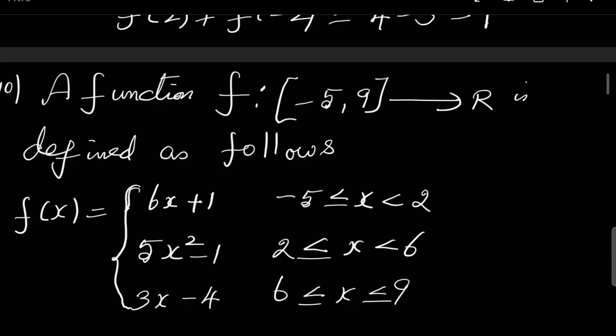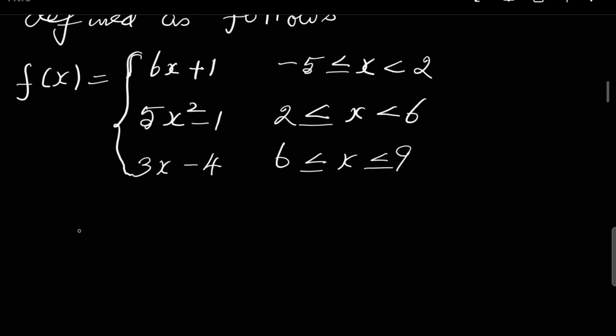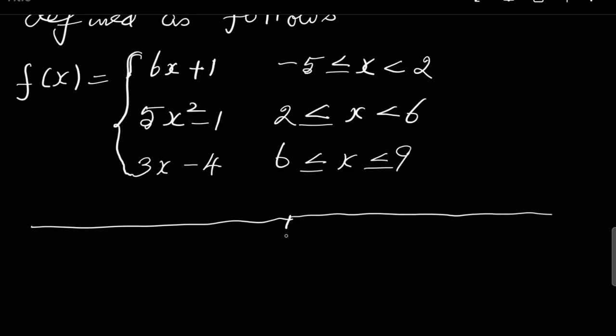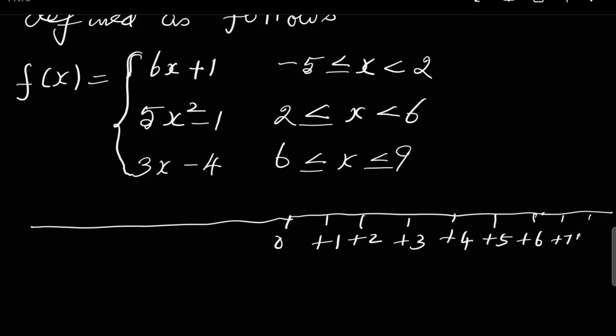See, we have the domain as the closed interval minus 5 to 9. So, you draw the line here. Center value 0 and then plus 1, plus 2, plus 3, plus 4, plus 5, plus 6, plus 7, plus 8, plus 9.